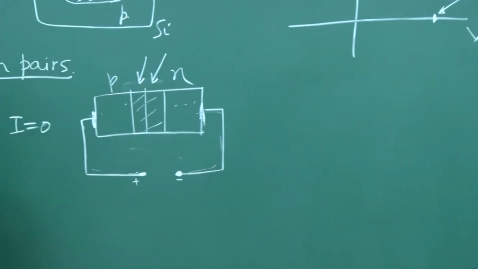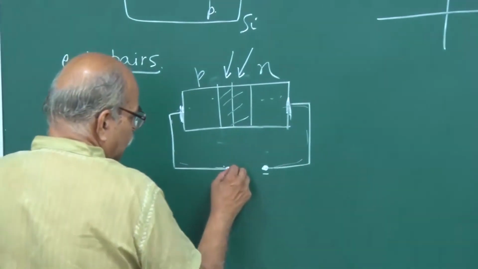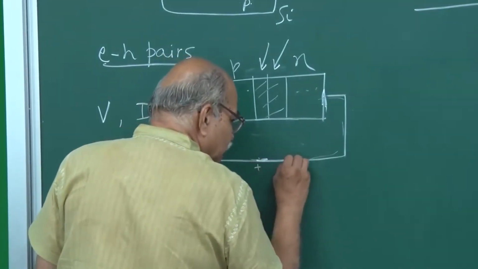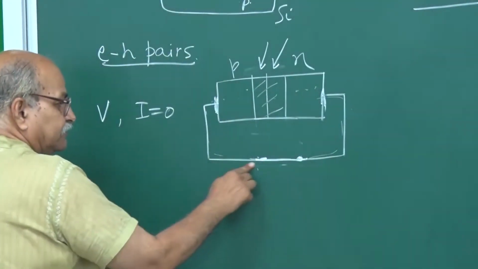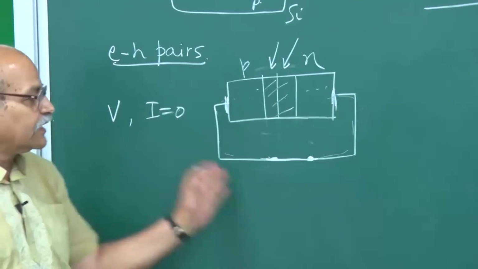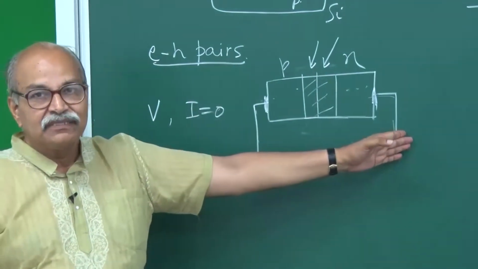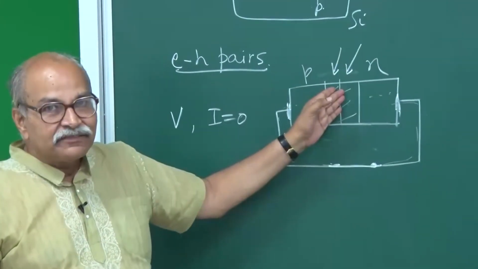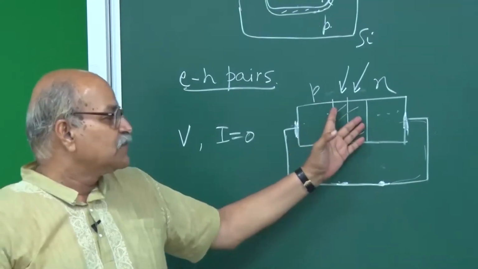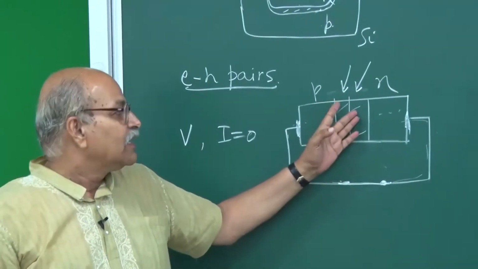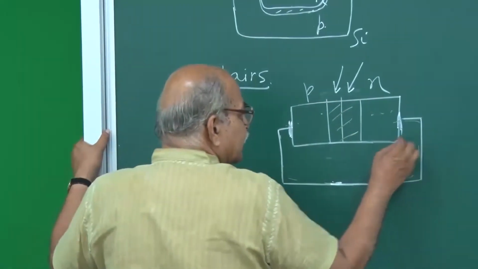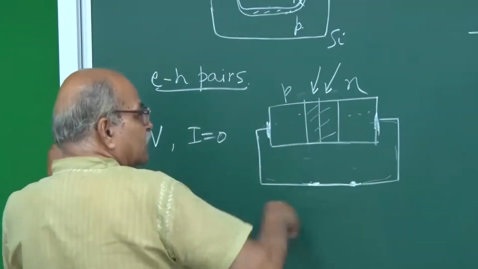What if I connect it to a load? First connect it by an almost resistance-less wire. Then what will happen? Light is falling, and therefore EH pairs are being created, and the electrons are going this side and these holes are going this side.